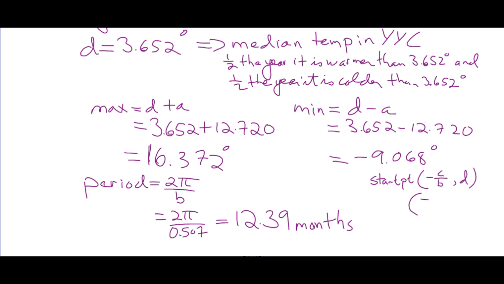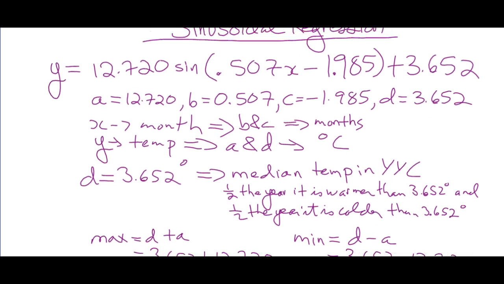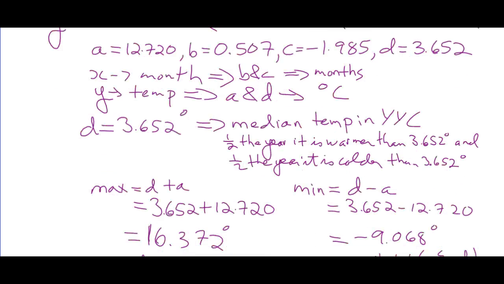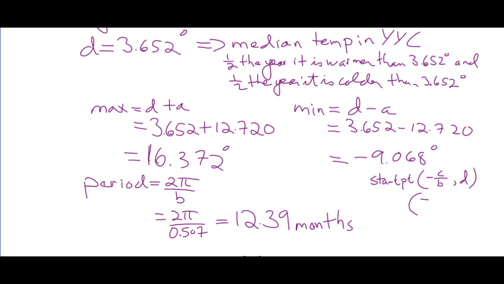Okay, so the X value is negative C, so we have that, right? Negative C is going to be positive 1.985. Let's just write it like this: 1.985 divided by 0.507, and 3.652.